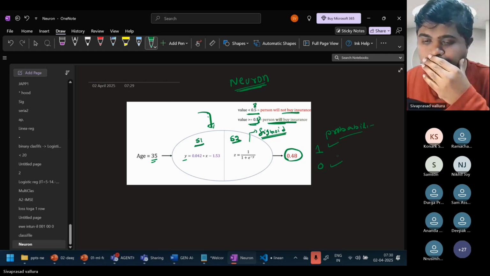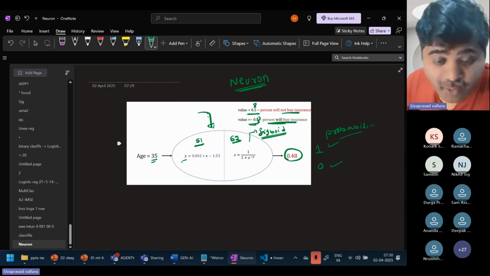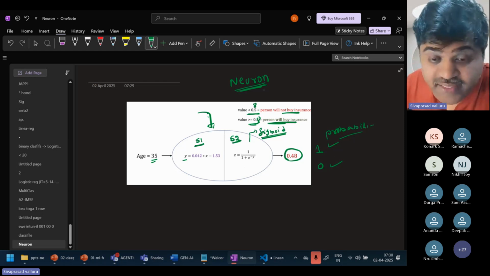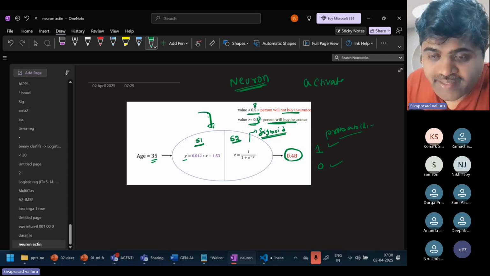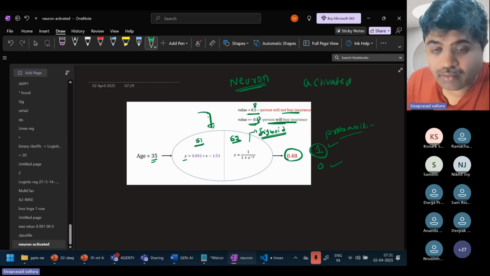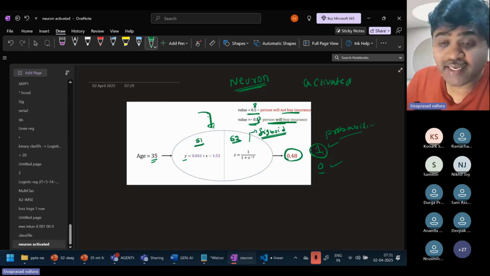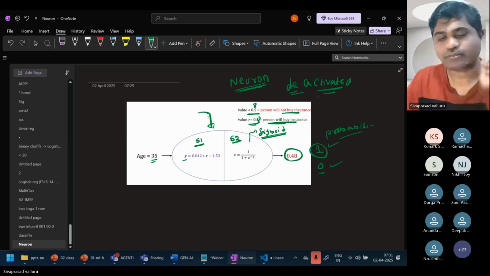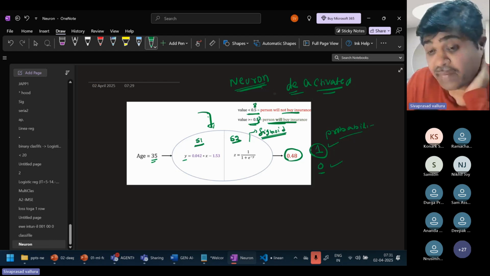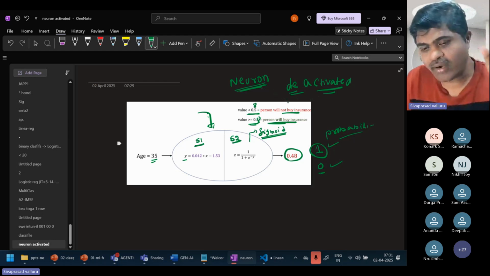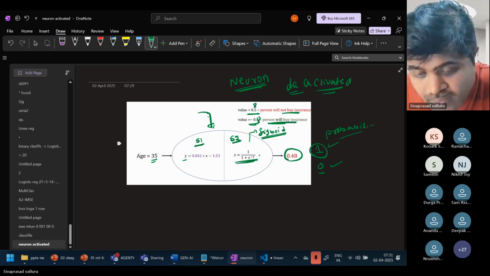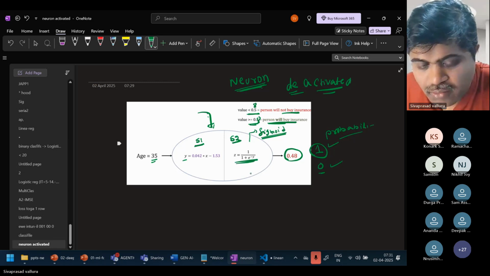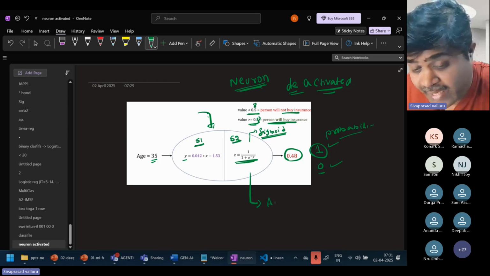I can say that this block is a neuron, and this neuron is activated if the value is 1. If the value is 0, the neuron is deactivated. So whether a neuron is in an activated or deactivated state is defined by this function, in this case the sigmoid function. We also call this the activation function.